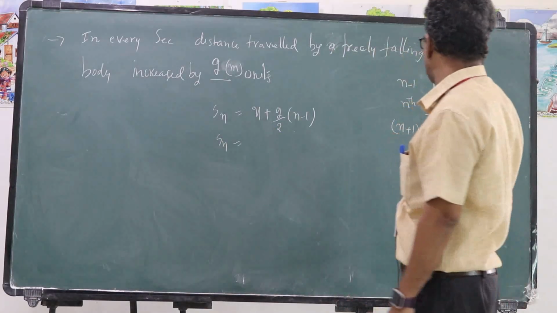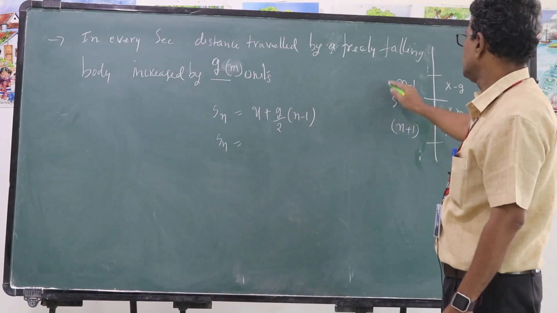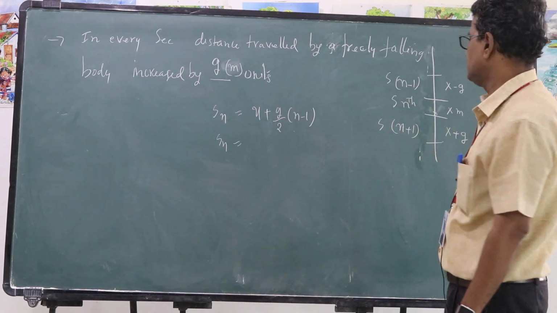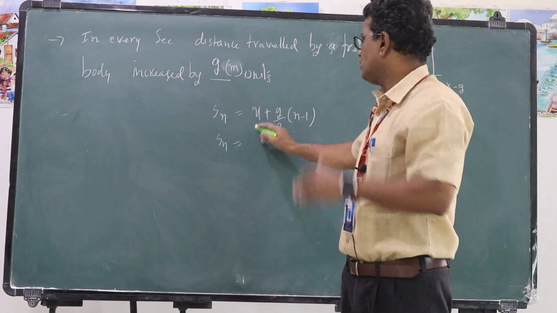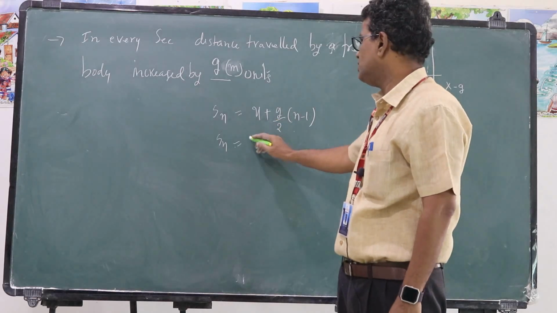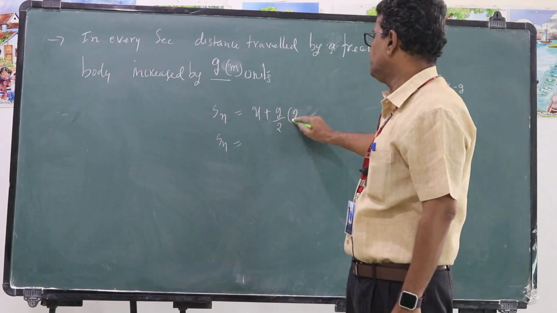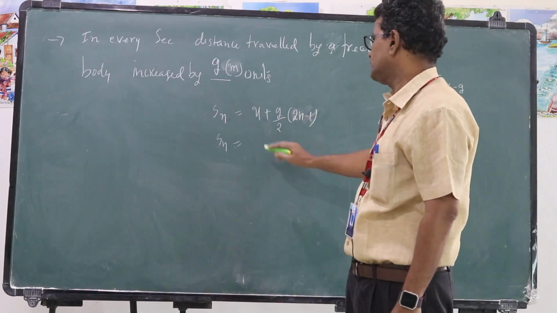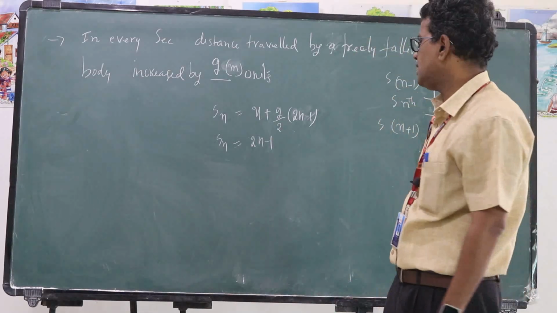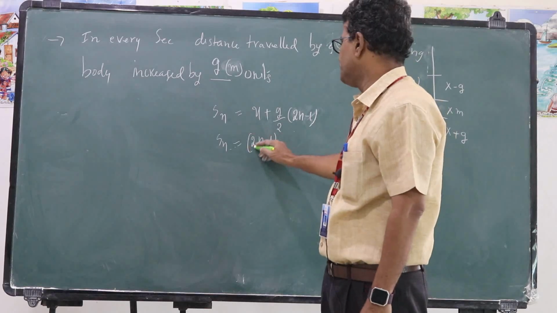This is Sn, this is Sn minus 1, this is Sn plus 1. Sn is equal to g by 2 into 2n minus 1, the distance traveled in the nth second.